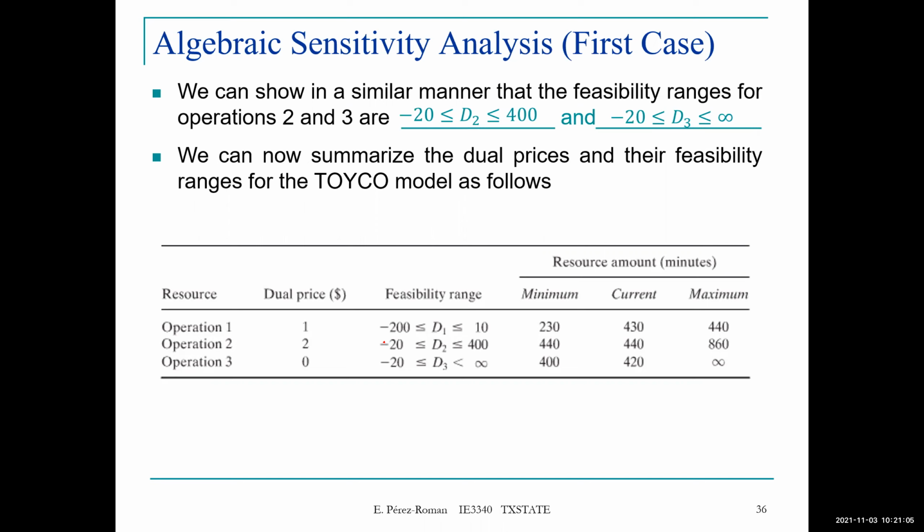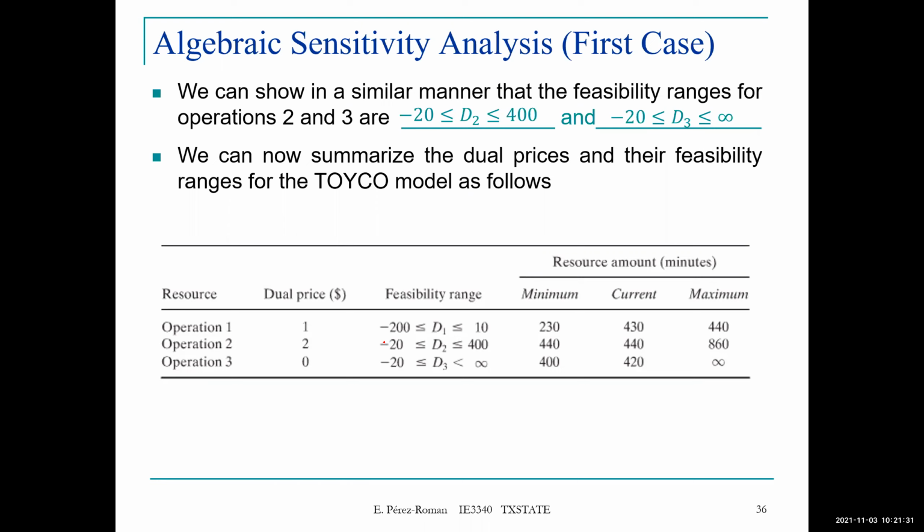In terms of increasing your profit, the right way to go is to look at operation 2. Yes, it will give you the highest increase per unit of time. So if you have to make decisions in that sense, you will have to try to increase that as much as possible, because that will give you the highest benefit.